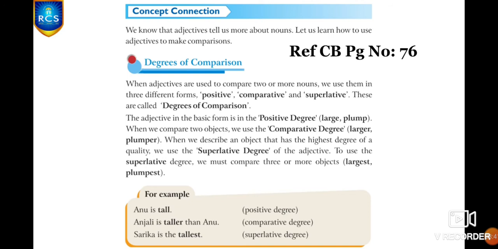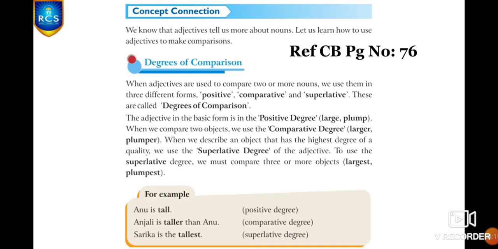These are all smaller adjectives, so we are adding est to change it into its superlative form. And for longer adjectives, intelligent, expensive, beautiful, we have to add most. Most beautiful, most intelligent, most expensive. This is how we make it into a superlative degree.